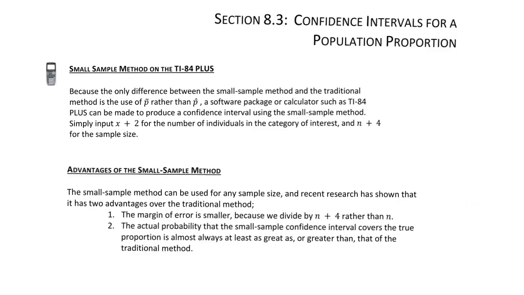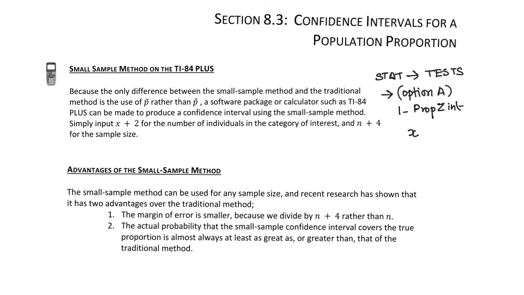Small sample method using the TI-84 calculator. First press stat, then test, then option A, that is 1-PropZInt.